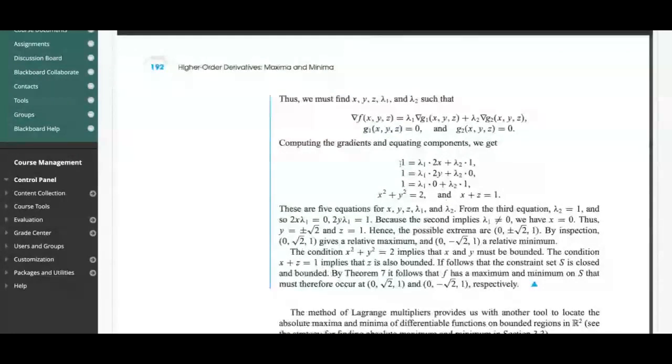So we form a system of 5 equations, right? 3 comes from the 3 directions of the domain, and 2 comes from the constraints, right? So we have 5 variables and 5 equations, guaranteed solvable.